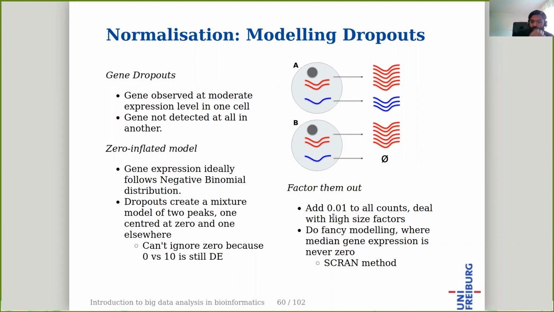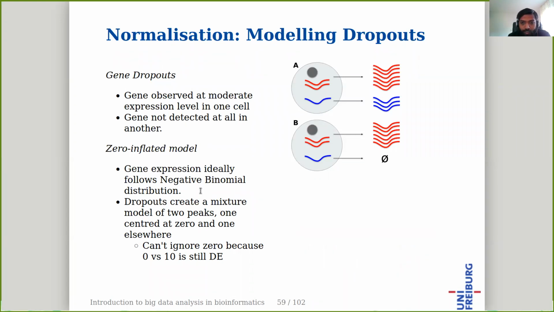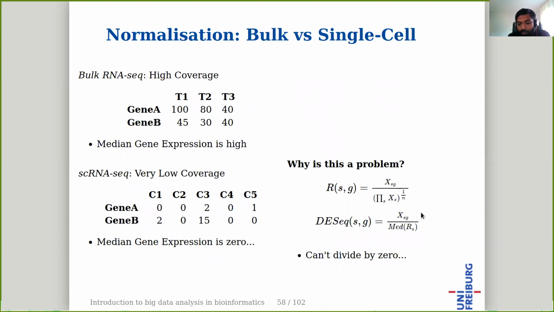That's what people usually do: in their tools they incorporate a pseudo low number, like a constant, let's say 0.01, added to all the counts, and this can deal with these zeros. Now we have 0.01 everywhere, so we don't have the problem of dividing by 0.